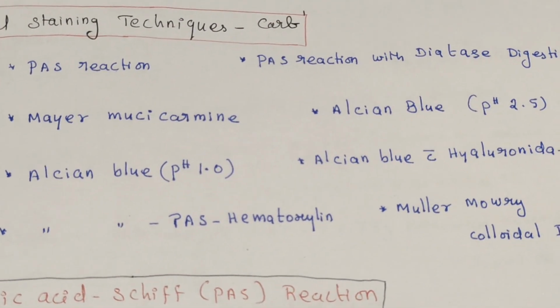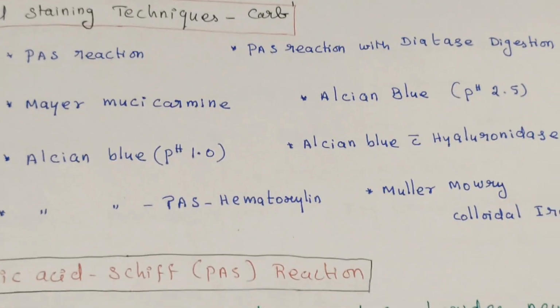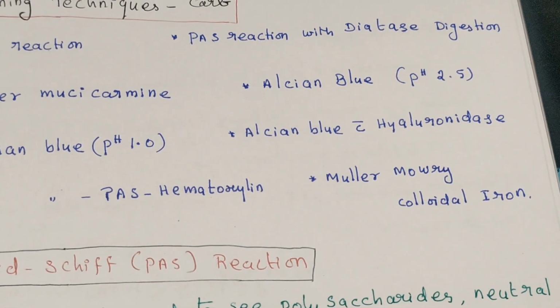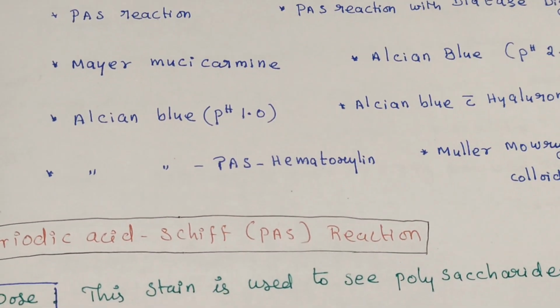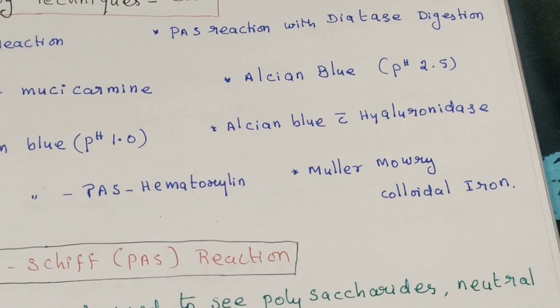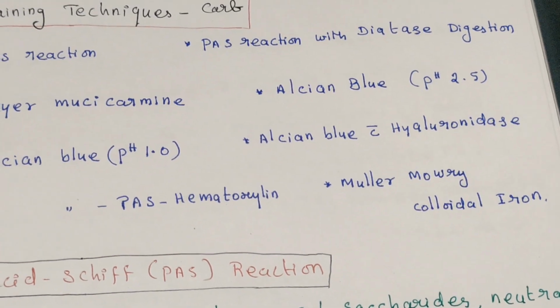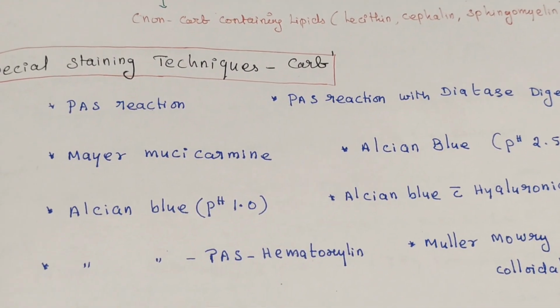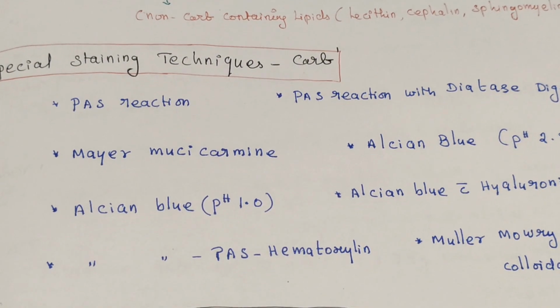Then Alcian blue, first at pH 2.5, then second at pH 1.0, then Alcian blue with hyaluronidase enzyme, then Alcian blue PAS hematoxylin, and last one is Müller-Mowry colloidal iron. So these are the special stains used for carbohydrate.